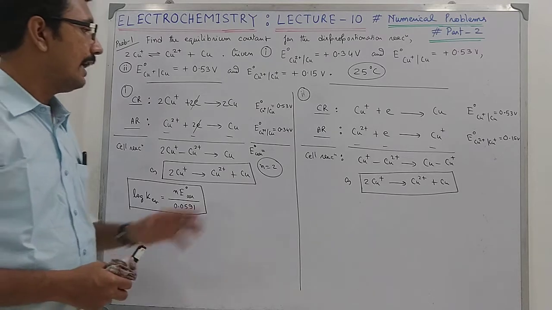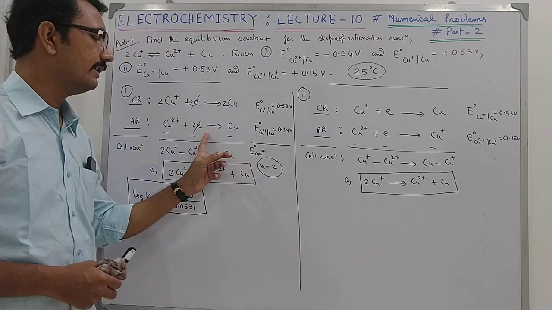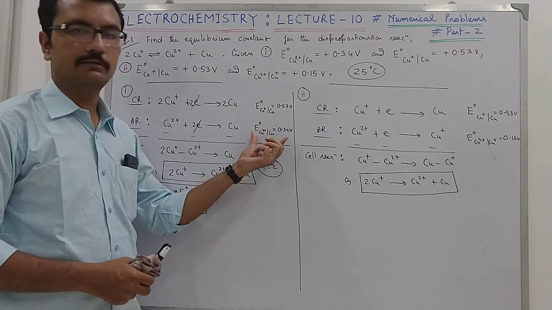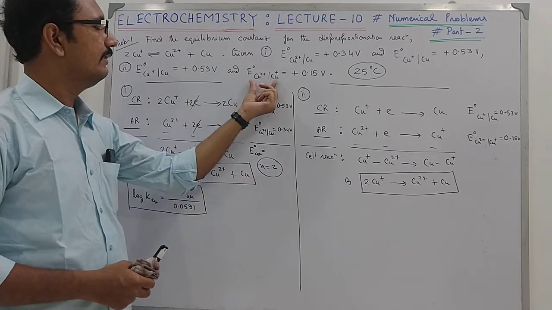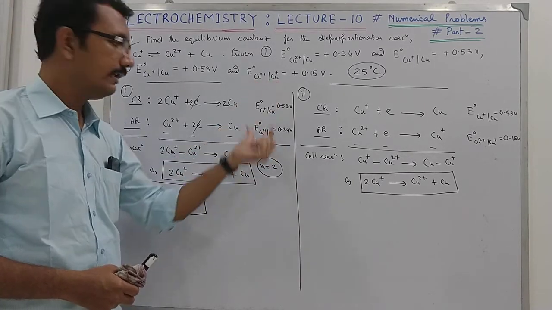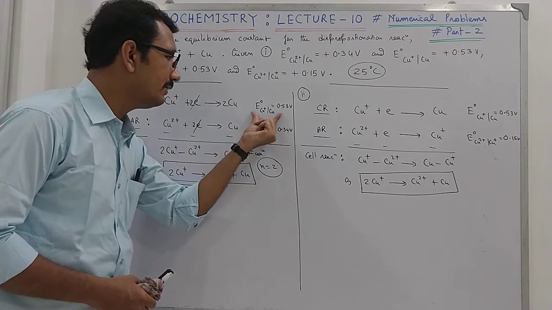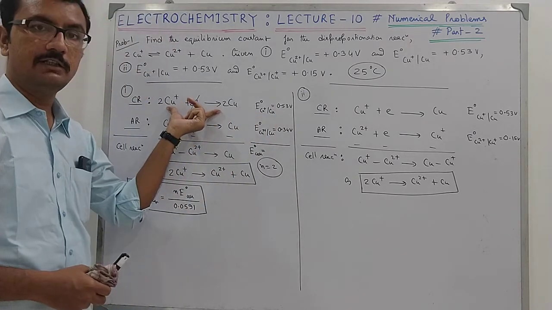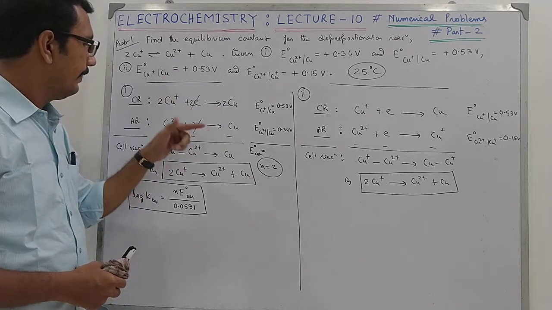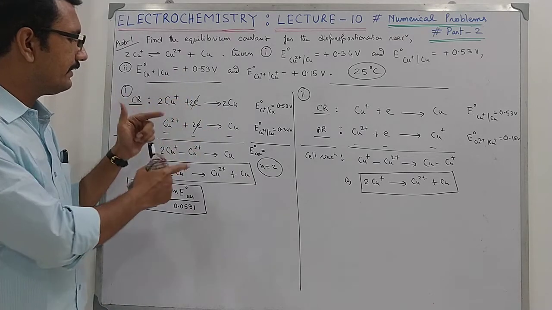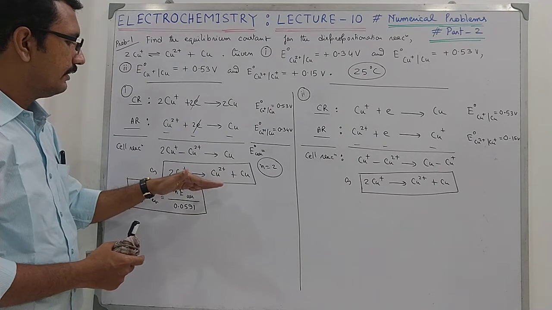That's why I have written the half cell reaction in the way it is given. They are suggesting reduction potential, hence I have written it in the form of reduction, and then I have organized it in such a way that we get the cell reaction.